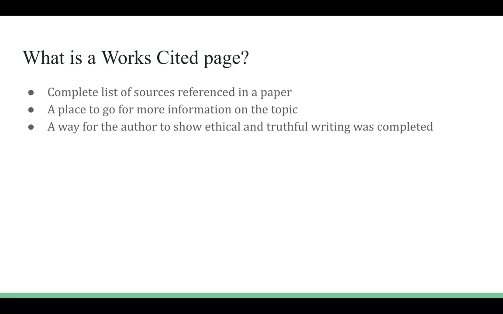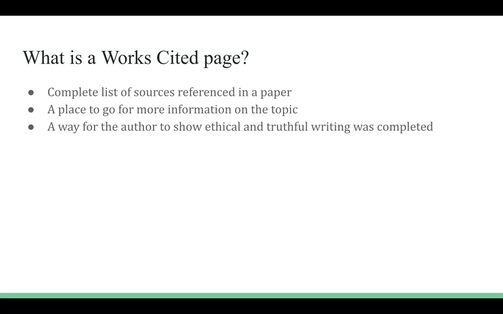The reader of your paper, if they like the topic well enough that they say, hey, I want to learn more, where can I go to read more about this? A works cited page is an easy place for them to turn because it gives them the list of sources that you read in order to be able to write about your topic.